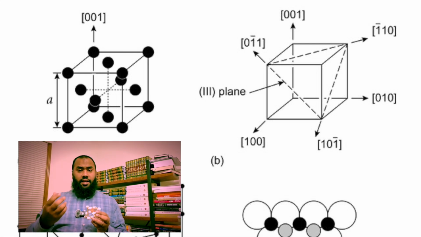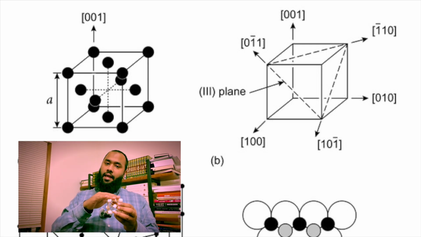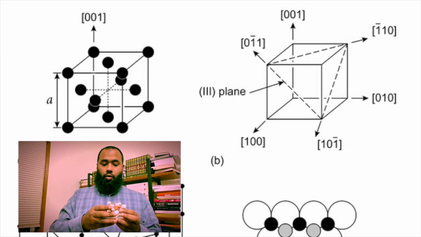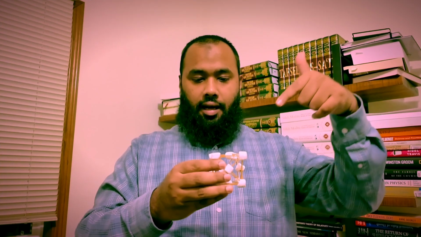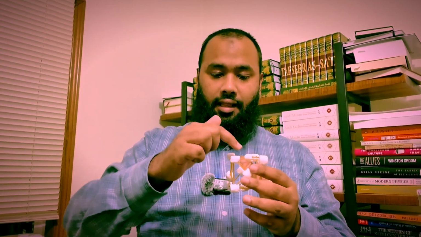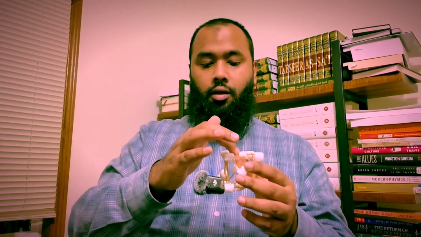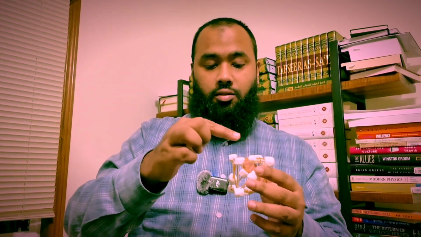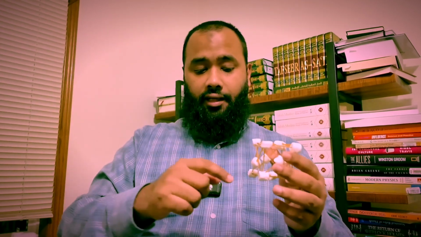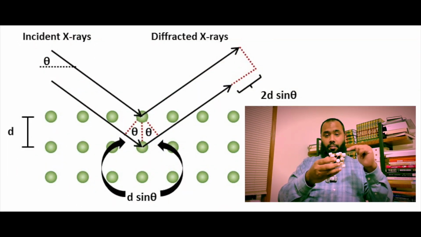Now, what XRD does is interact with these planes. Imagine XRD is like a light coming in, interacting with these planes, and then reflecting. We call it diffraction; it's similar to reflection, but it diffracts from different planes.